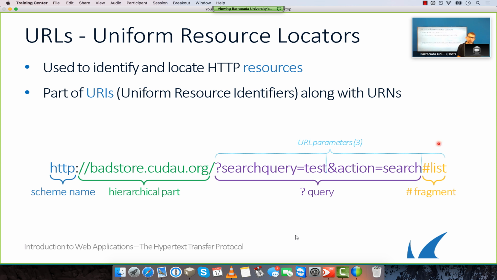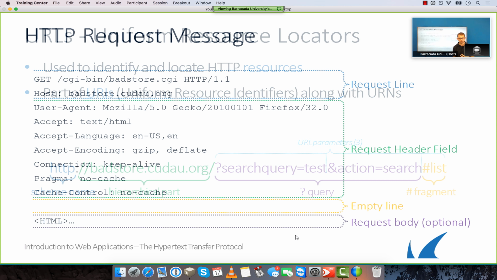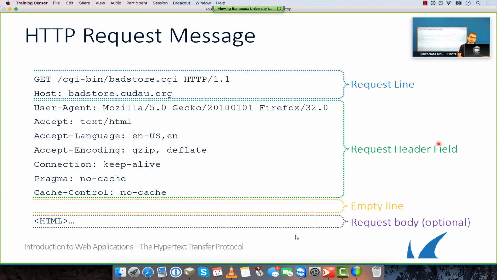Now, URLs are used to identify resources. Then, in order to request a resource, we have to create a request message that is then used in the HTTP request. A request message is made of 4 parts: the request line, the request header fields, an empty line, which is mandatory, and the request body, which is optional.